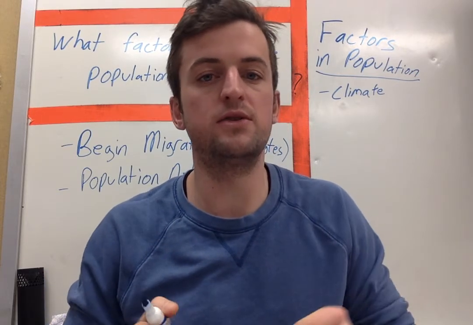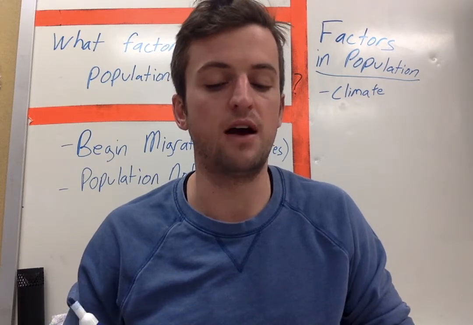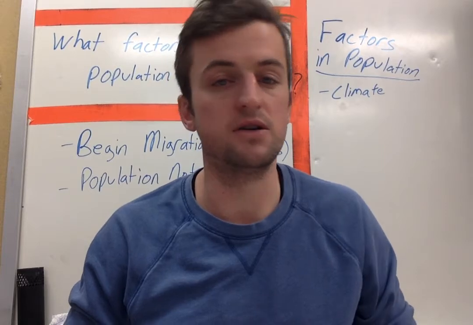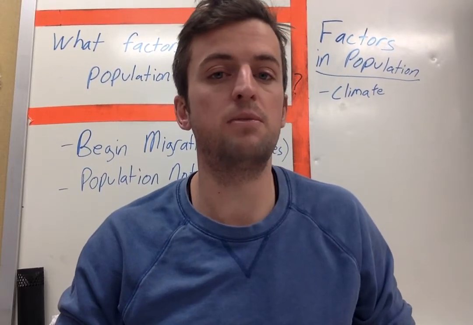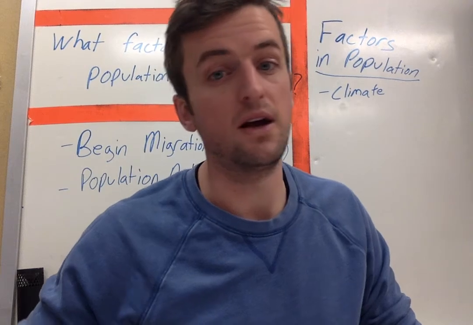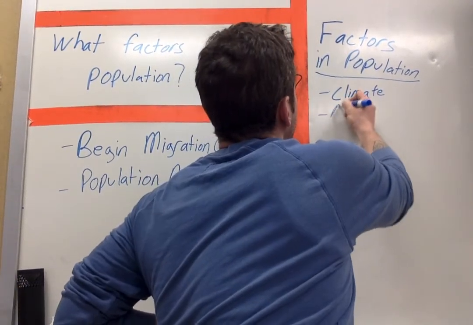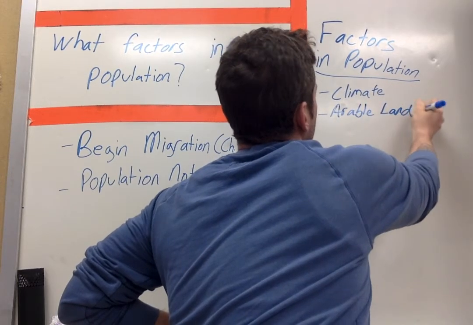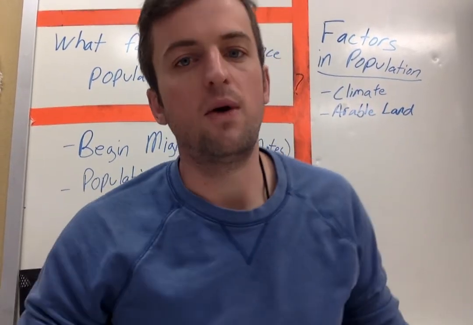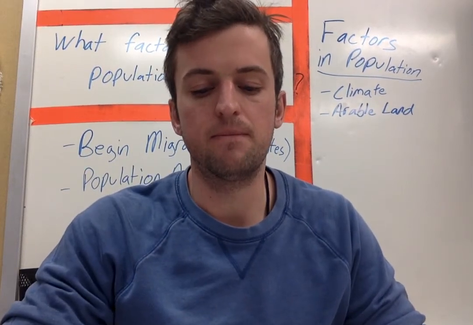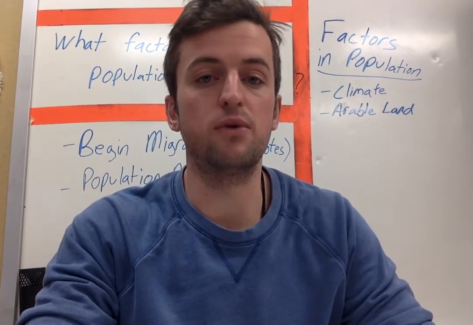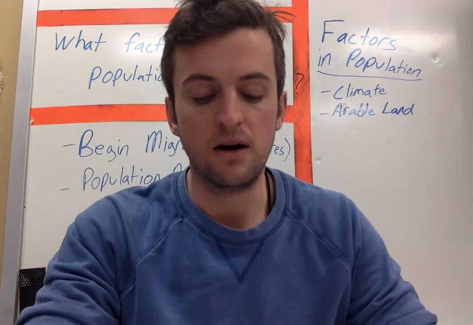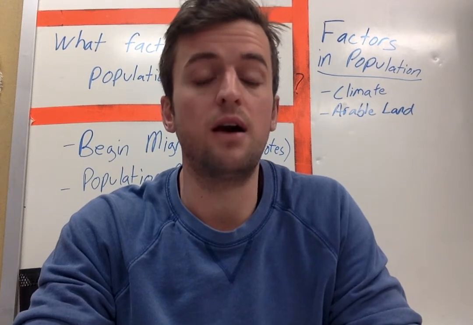So instead of just putting physiological density down, what you probably want to do with finding your factors influencing population is write down arable land, like the amount that you have there. If you have a lot of land that can produce food, that means you can probably produce a lot more people.